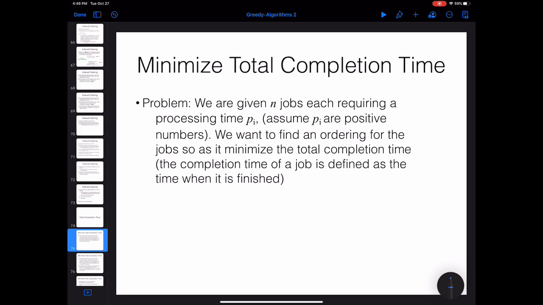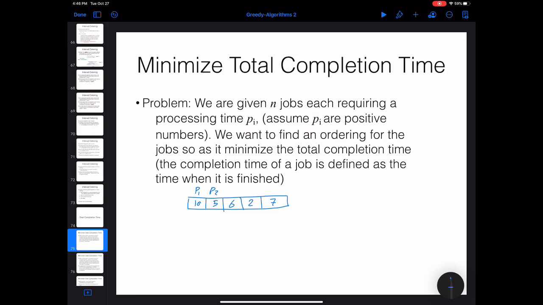So if I'm going to give you an example, just assume that I have, I don't know, 5 jobs. Let me give you some table that, for example, P1, P2, for example, P1 is 10, then 5, for example, 6, 2, and 7.